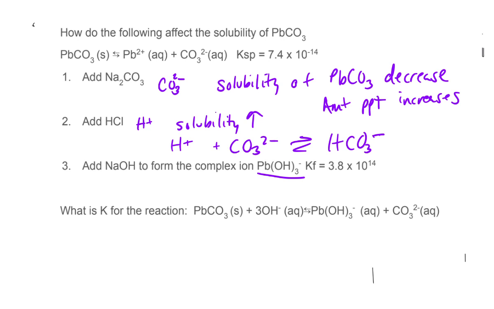So if we add sodium hydroxide and that forms the complex ion lead hydroxide, with a minus sign here, this has an equilibrium constant Kf of 3.8 times 10 to the 14. So it's very likely to form. Okay? So how does adding sodium hydroxide affect the solubility of lead carbonate? Increase, decrease? Increase. Yep. So adding sodium hydroxide increases the solubility.